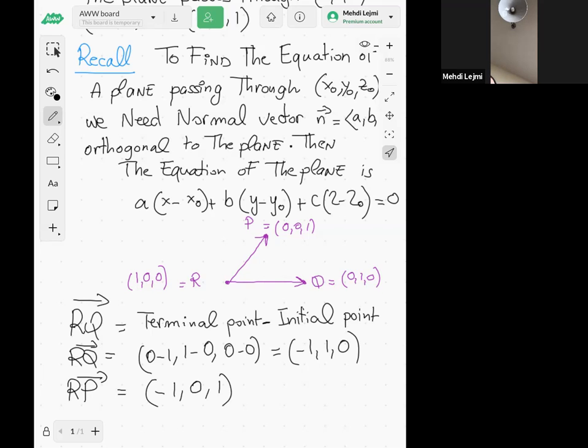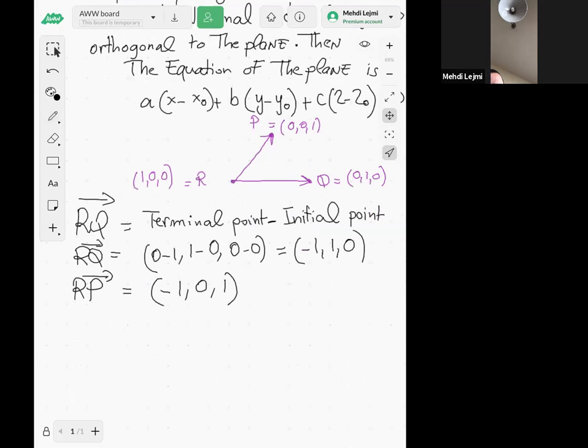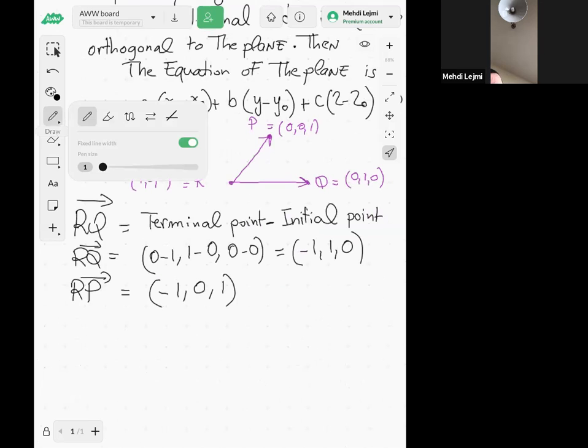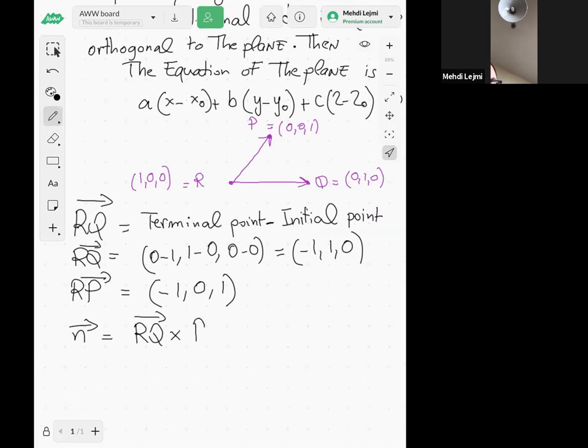And then you're going to need, so then the normal vector n would be the cross product of RQ with RP. I don't know how you learned to compute this cross product, but of course there's a formula.